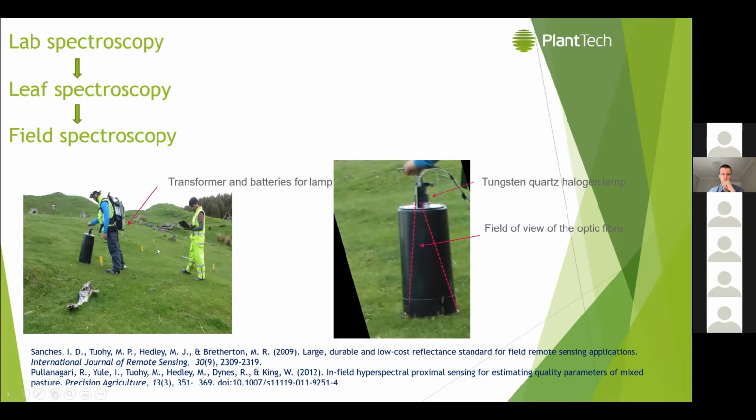In field spectroscopy, we have developed field protocols, as Sanchez and Anders, who worked before me, developed this artificial light probe to collect spectral measurements from the pasture canopy. By using this probe along with the field spectroscopy instrument, we are able to obtain very accurate pasture attributes, the pasture chemical composition.